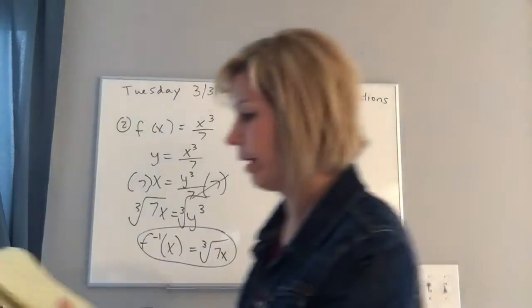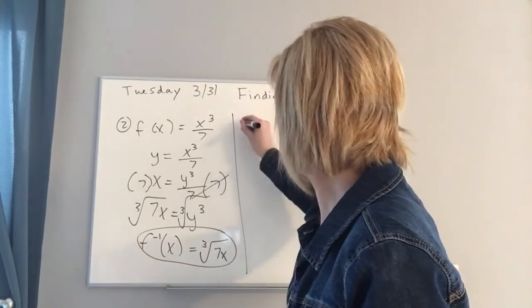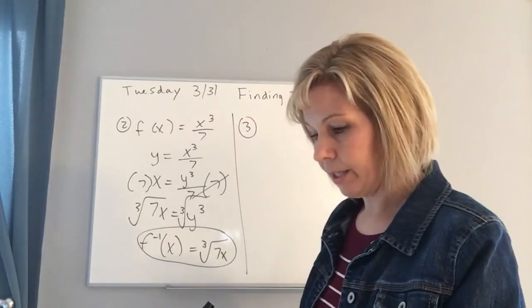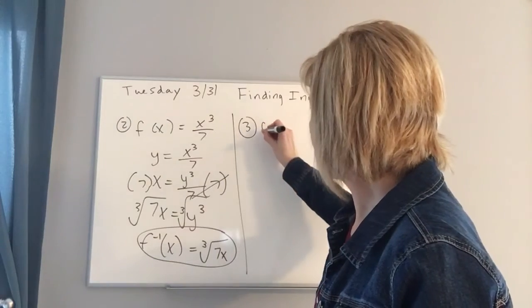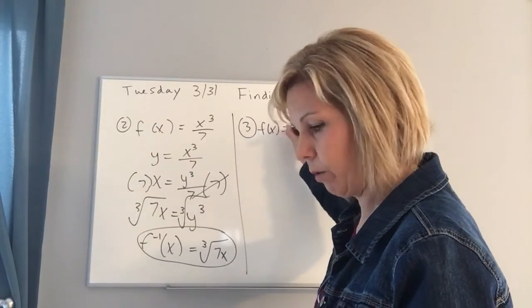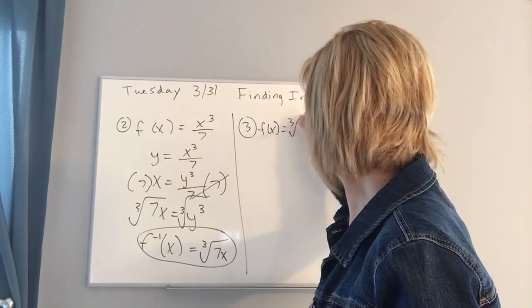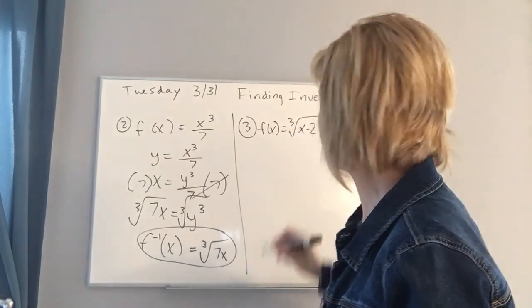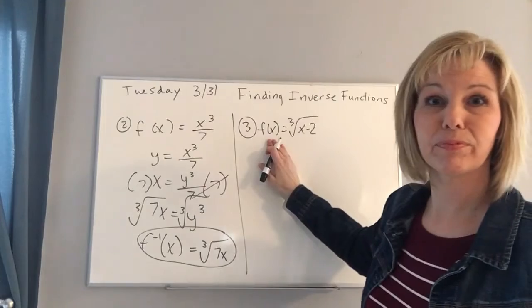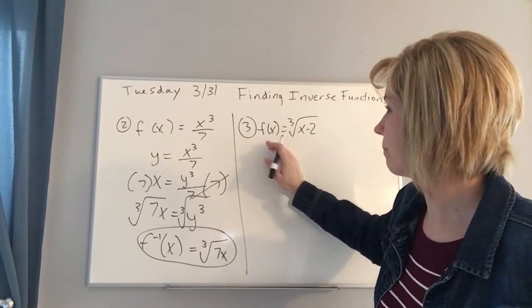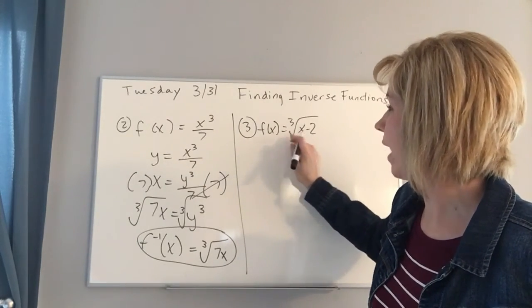All right, number three. Let's go with f of x equals the cube root of x minus 2. Again, f of x is saying y equals, so switch the x and y.